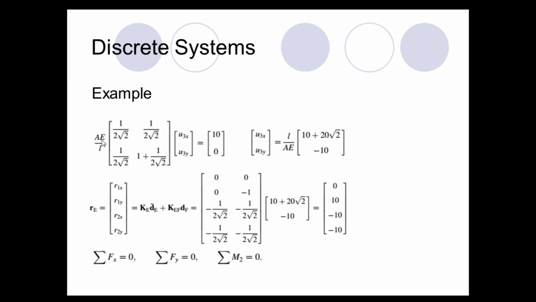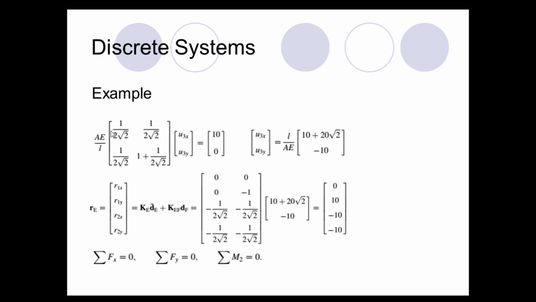So we have a matrix, area multiplied by the Young modulus divided by L, 1 over 2 square root of 2, and 1 over 2 square root of 2 is the first column, and the second column is 1 over 2 square root of 2, the second element of the second row is 1 plus 1 over 2 square root of 2, multiplied by the displacements of the free nodes. That's equal to the forces acting on these nodes.